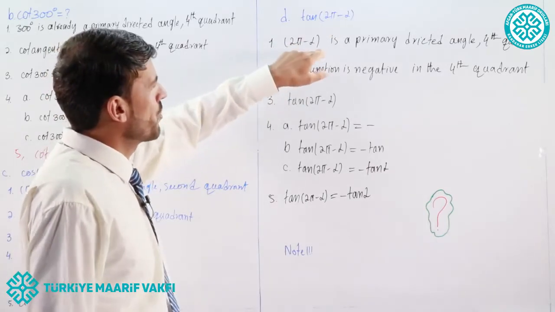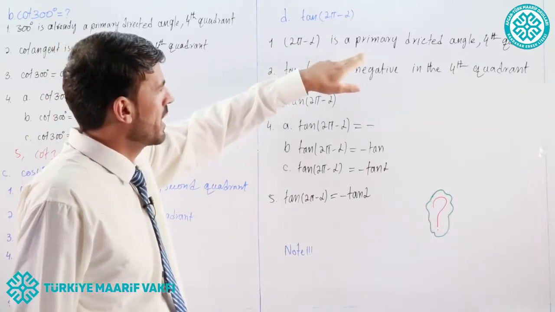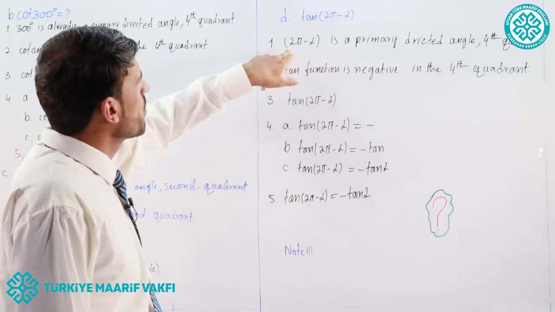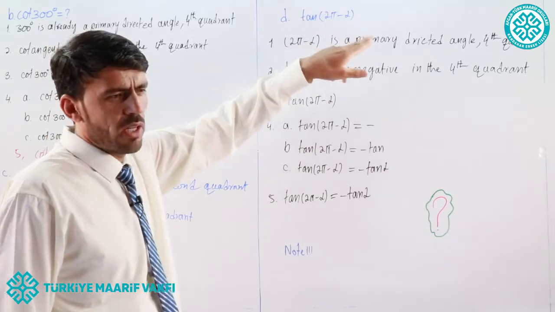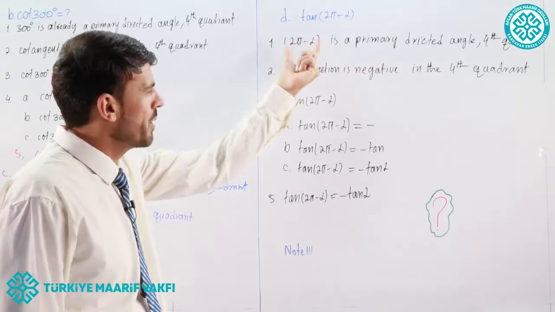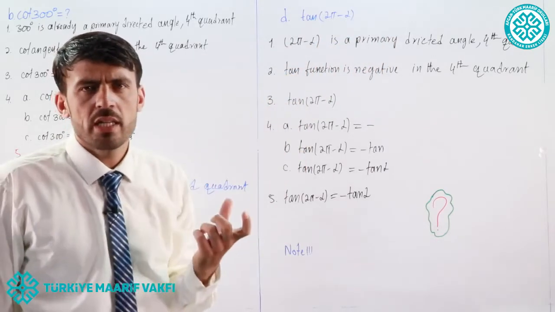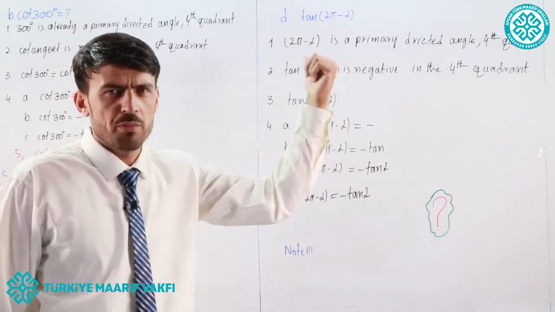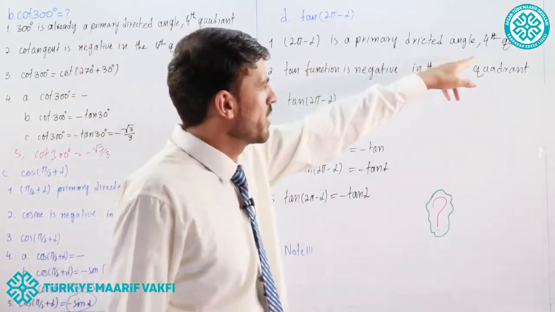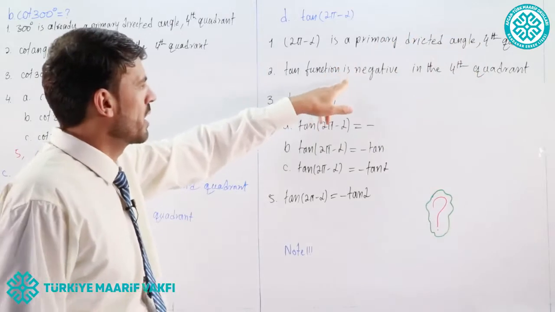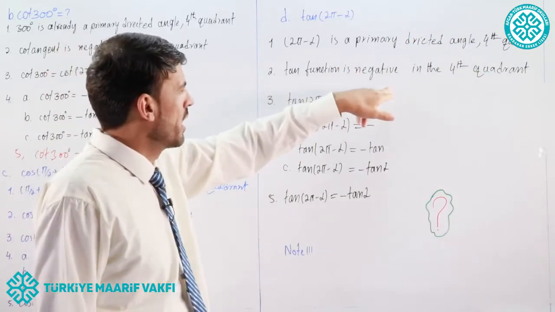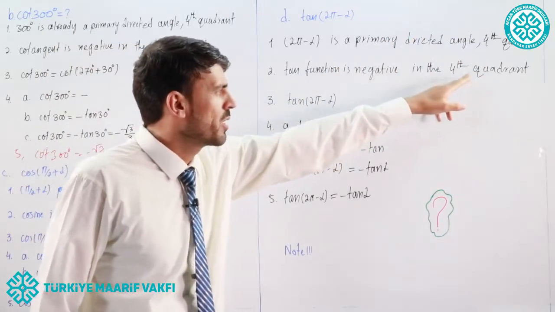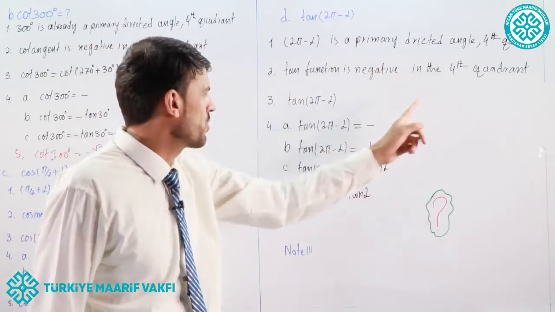The first step, we should find the primary directed angle. The 2 pi minus alpha is already a primary directed angle because it is smaller than 2 pi, because we have subtracted alpha from 2 pi. And also it locates in the fourth quadrant, and the sign of tangent is negative in the fourth quadrant.